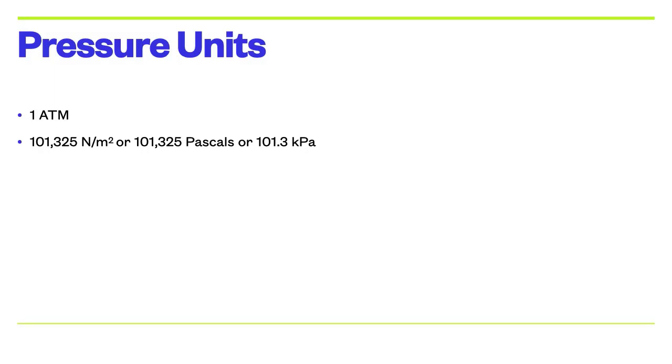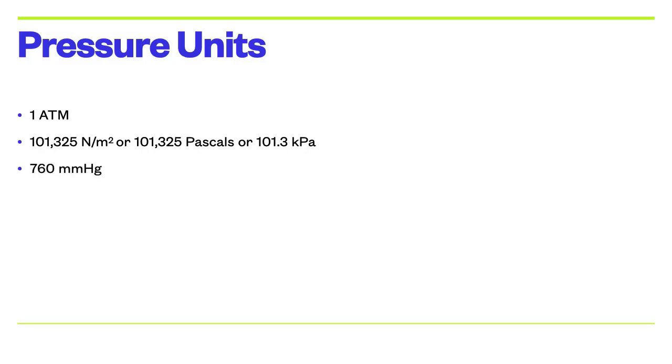Standard atmospheric pressure is 101.3 kilopascals. If you look on the side of your tires in the United States, you'll probably have a specification on there that will tell you to inflate it to so many pounds per square inch or psi of air pressure. But there will probably also be a specification on there telling you to inflate it to so many kilopascals of pressure.